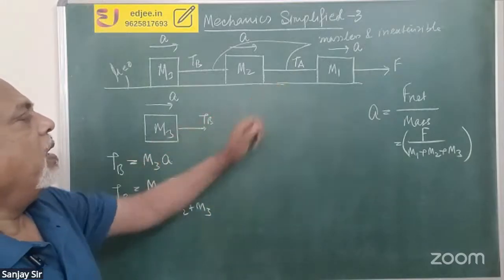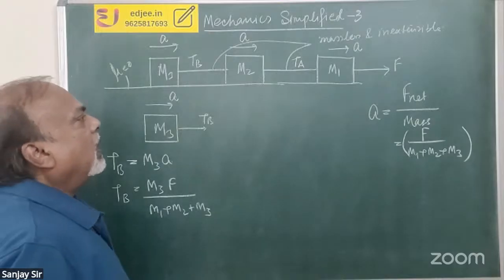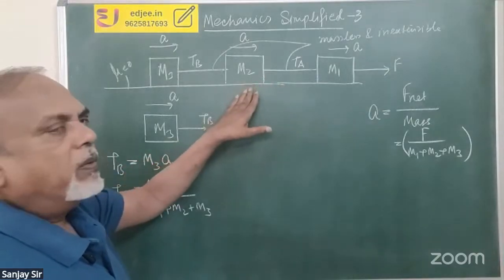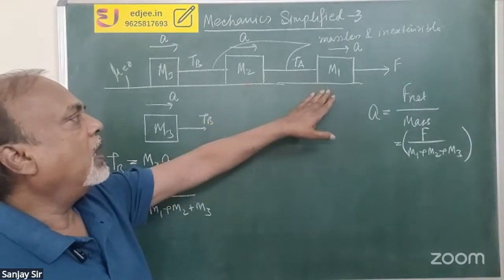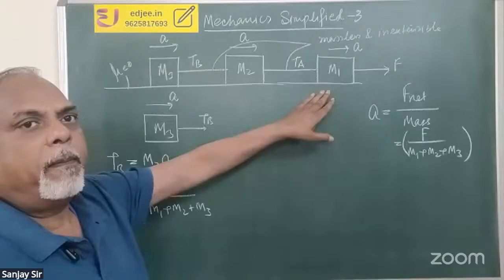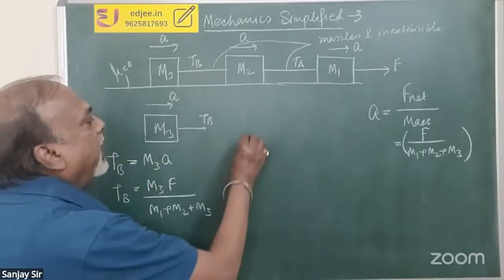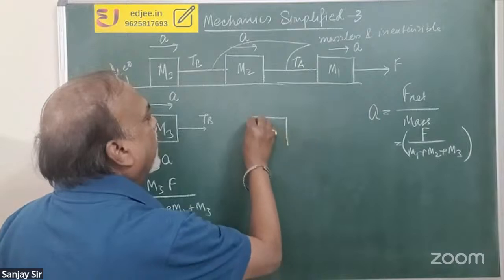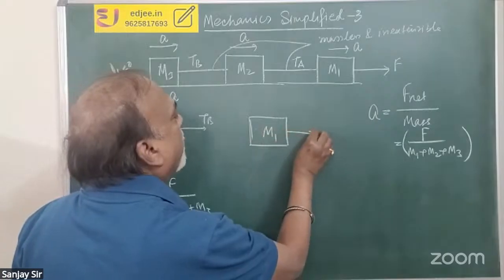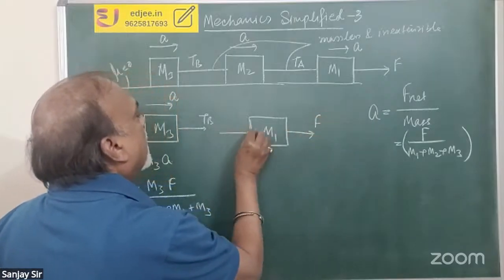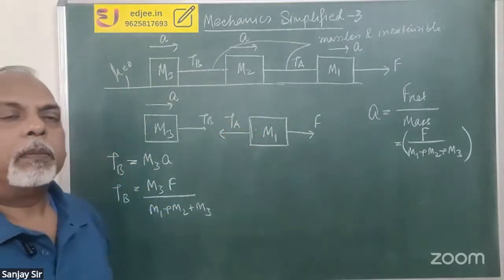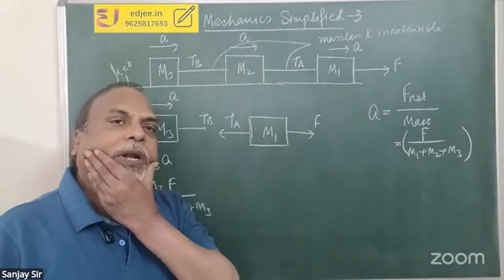For finding out TA, we can make the free body diagram of M2 also, or we can make a free body diagram of M1 also, correct? So let us make the free body diagram of M1. Here, force is F, and this is TA, correct.